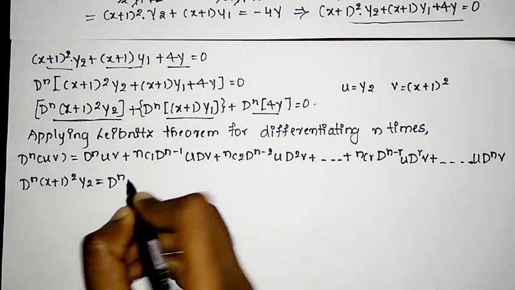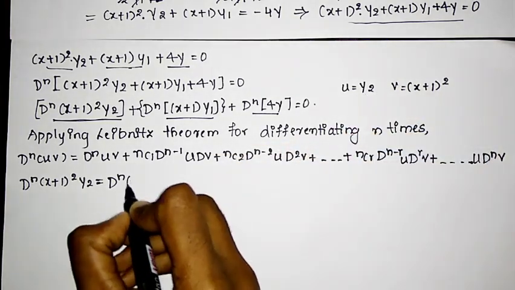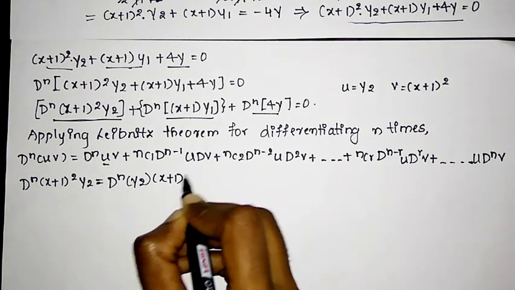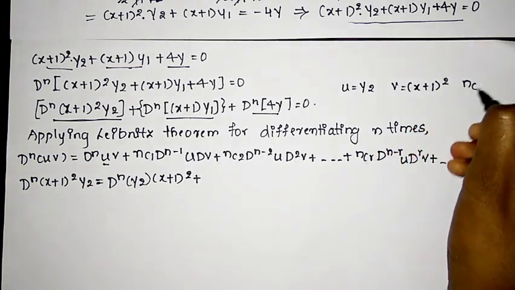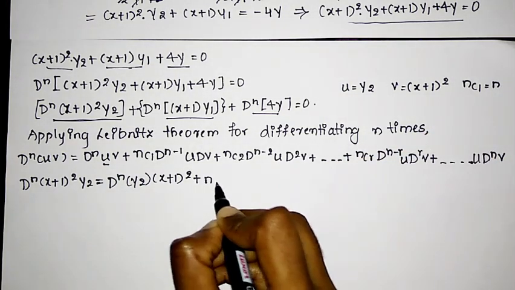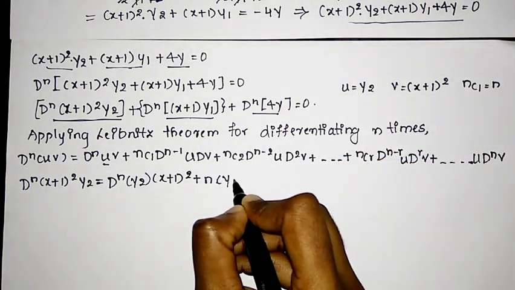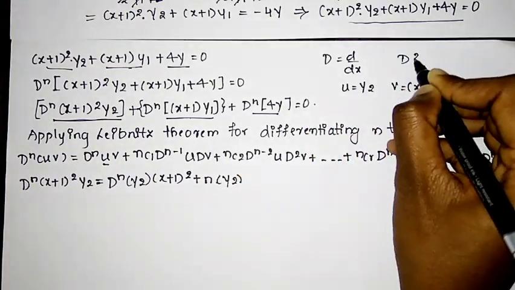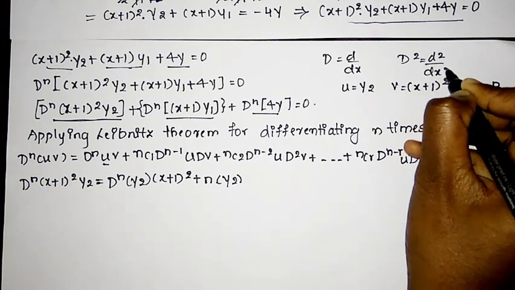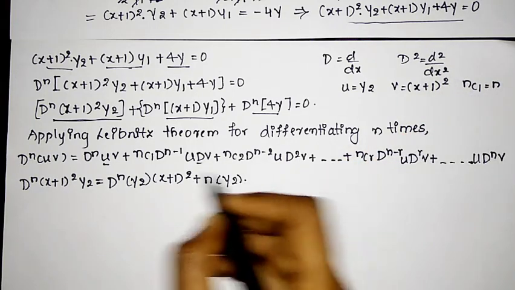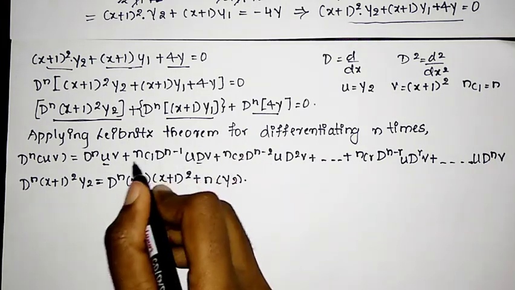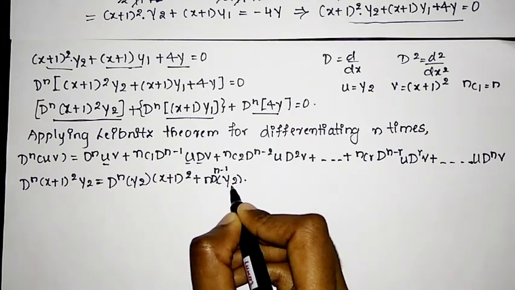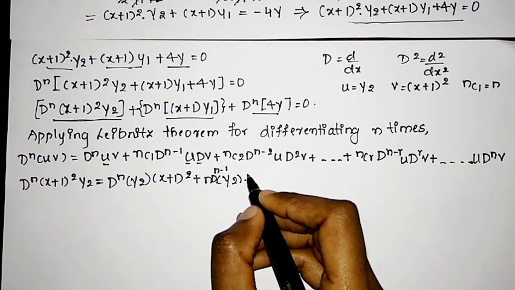So d raised to n, we have assumed u to be y2, so y2 into v, which is x plus 1 whole square, plus nC1, which is n, so n into. What about u? Keeping u, y2, as it is, d is differentiation, d by dx. Similarly d square is d square upon dx square. So n into d raised to n minus 1 into u, which is y2. Similarly, what about v?